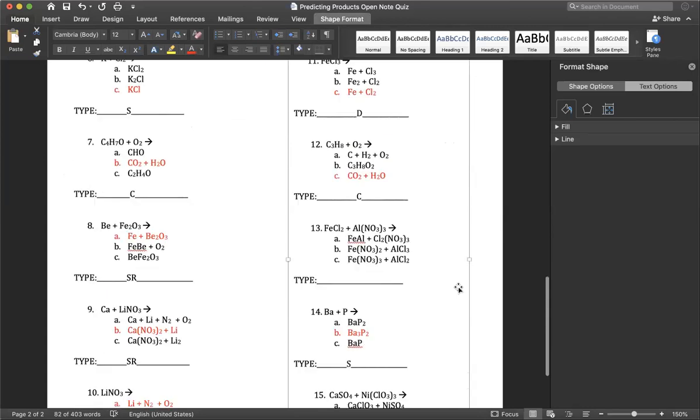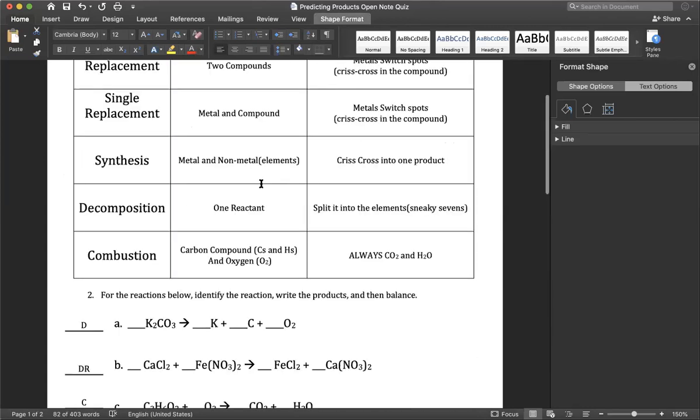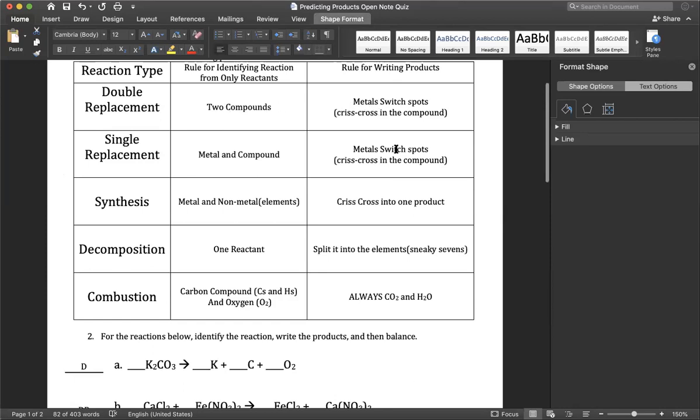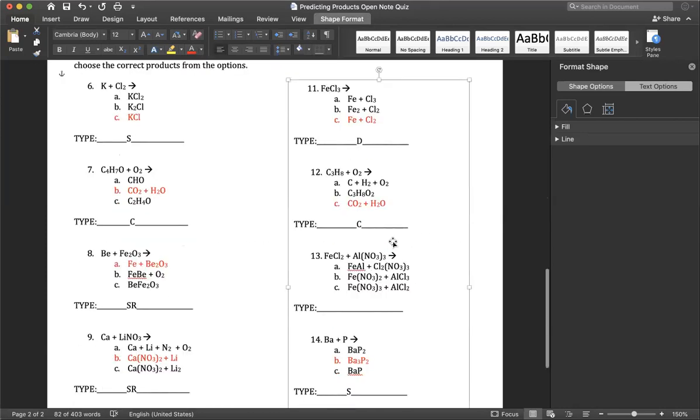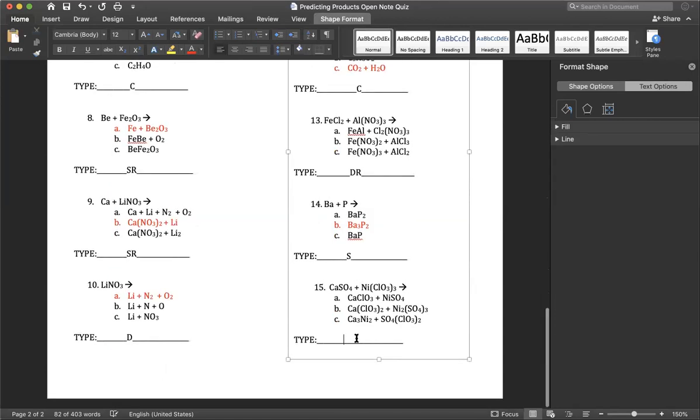Now 13 and 15. The last type that we haven't talked about is double replacement: two compounds, where the metals are switching spots. So double replacement and double replacement. These are a little more complicated, but hopefully I can throw out at least one answer right away.